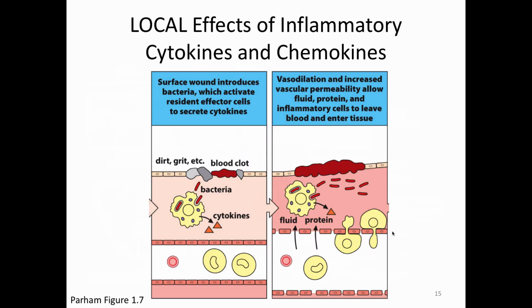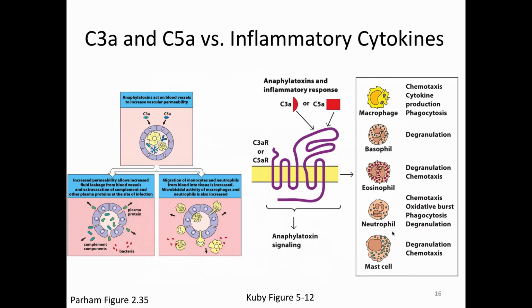Just so you are aware, last time when we talked about complement, we saw two proteins called C3a and C5a. C3a and C5a act identically to the chemokine that I just told you about.